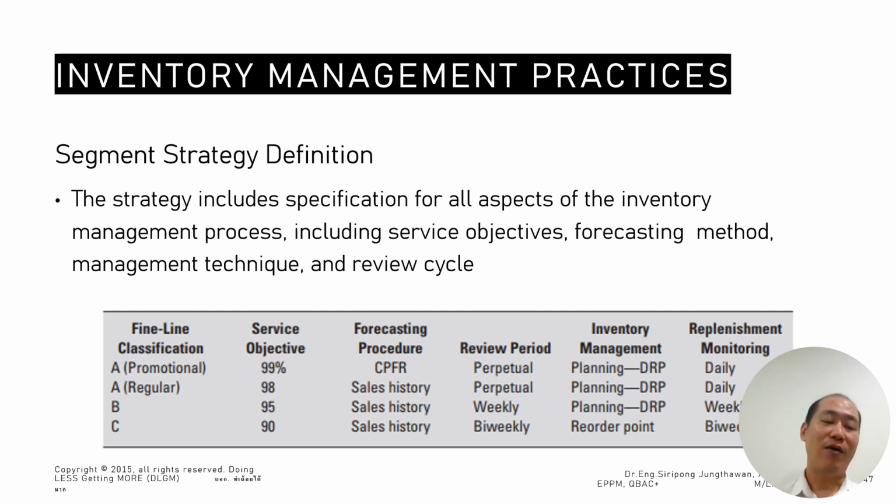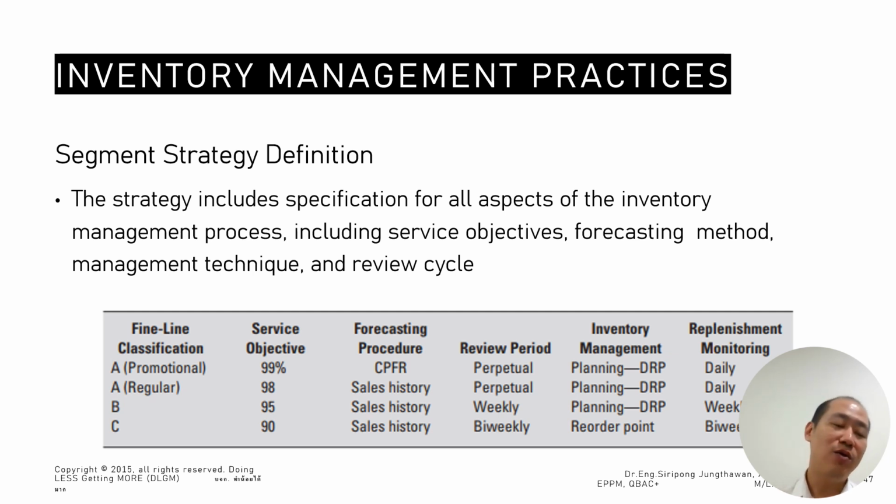Now for A you use a service objective of 98 to 99%, and you use a forecasting idea like sales history or CPFR, collaborative. Okay, and the review period is perpetual, and for inventory management you use planning like DRP, and replenishment monitored every day.